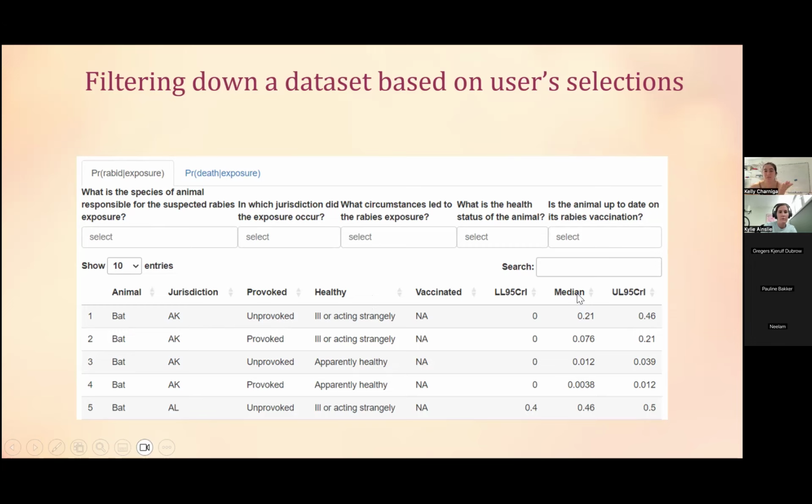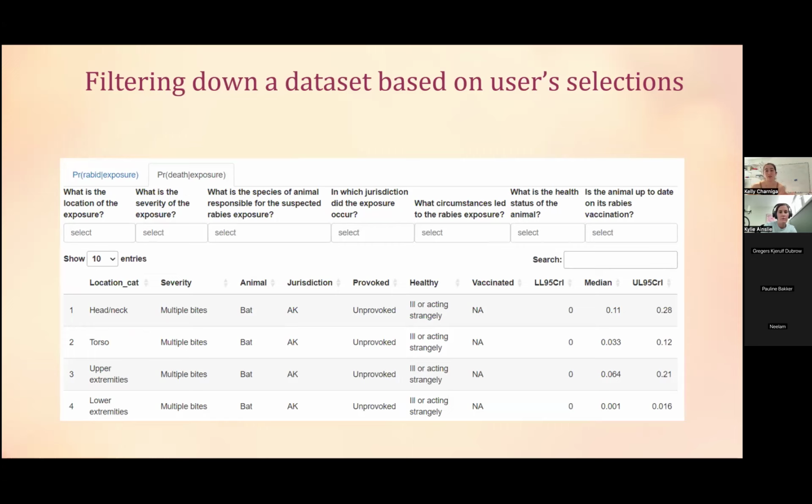The median is the central estimate that I picked, the one you're going to base it on. And then we also quantify uncertainty, so we have the 95% credible interval, with the lower limit and the upper limit. And this is what the other tab looks like. There are a couple more fields for questions. It adds in severity and the location of the bite.